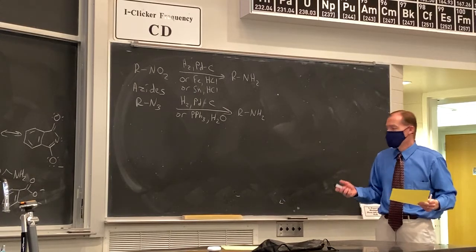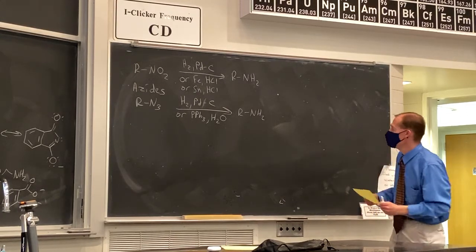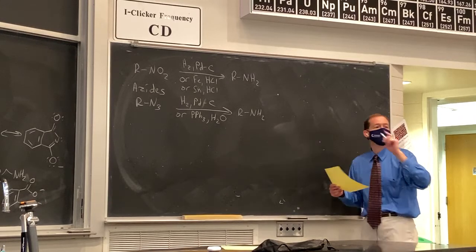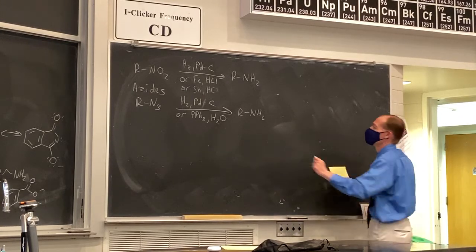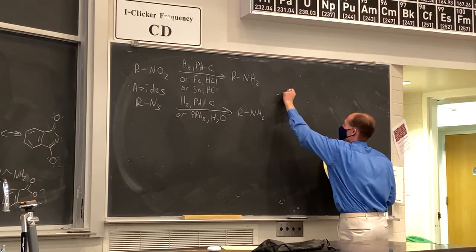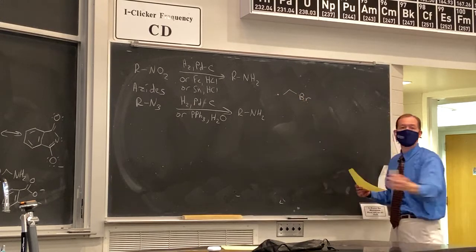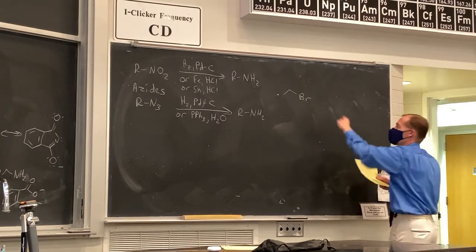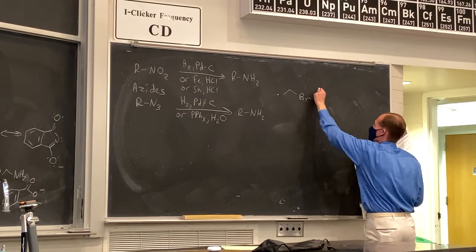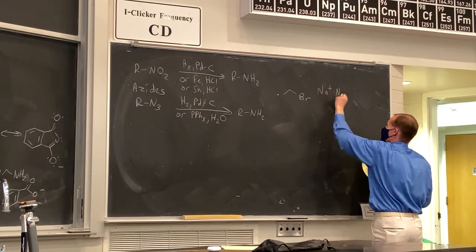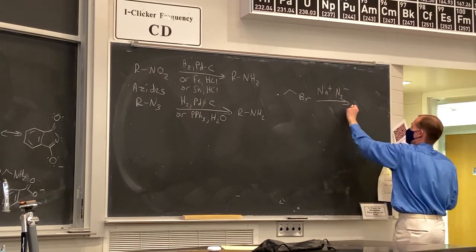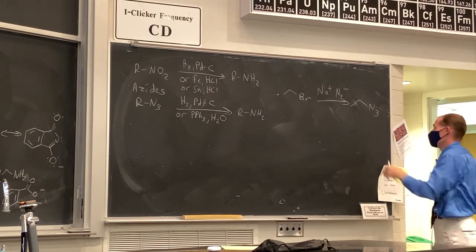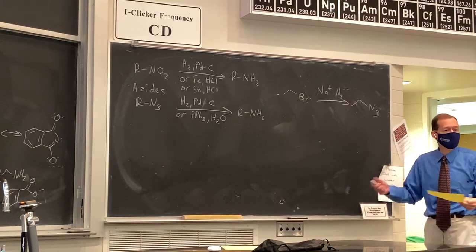So this is very useful because it provides an alternative to the Gabriel synthesis. So we could take an alkyl halide, bromoethane is an example in this case. We can react it with sodium azide. That's going to give us our alkyl azide.